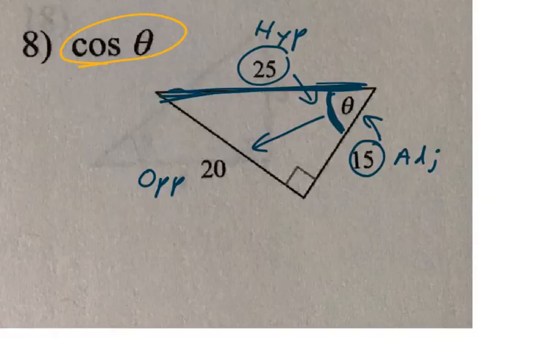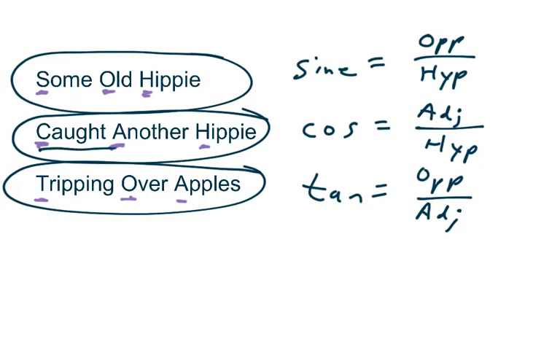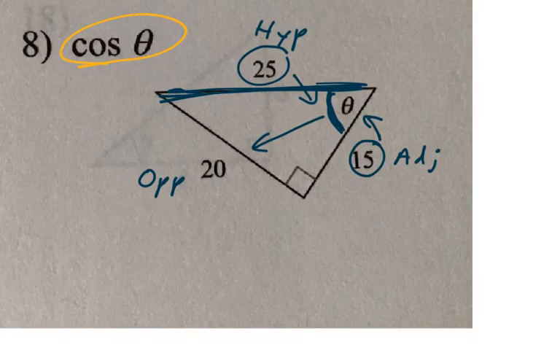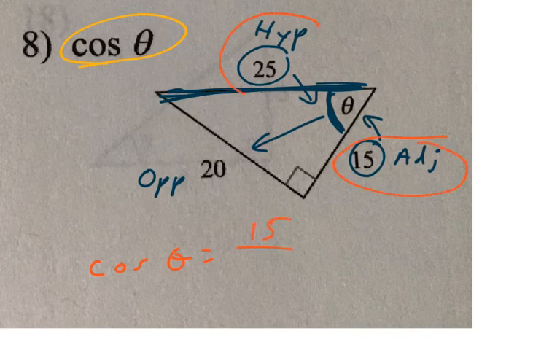So, if we go back to caught another hippie for cosine, we know, quite simply, that the cosine of theta is going to be the adjacent side. What's the adjacent side again? 15 over the hypotenuse, which is 25.